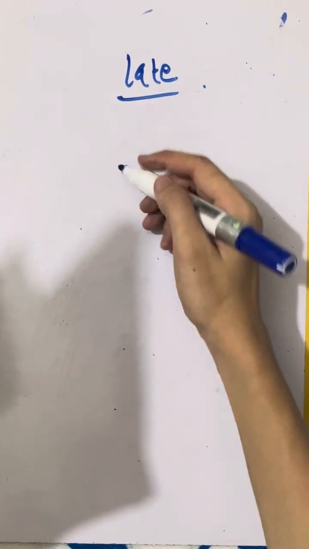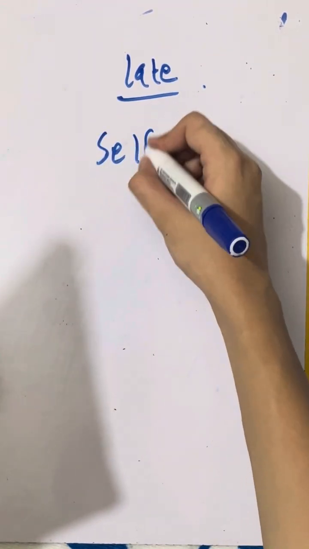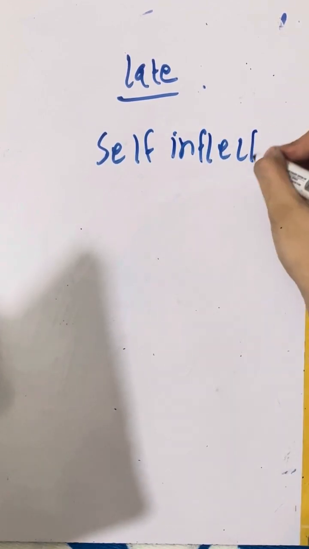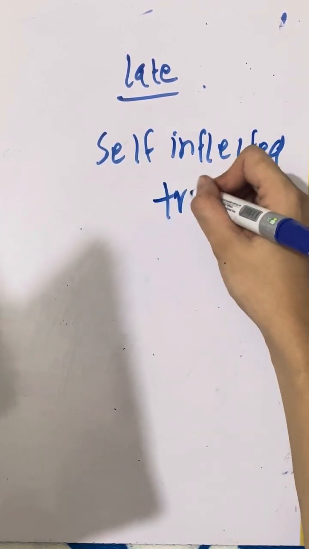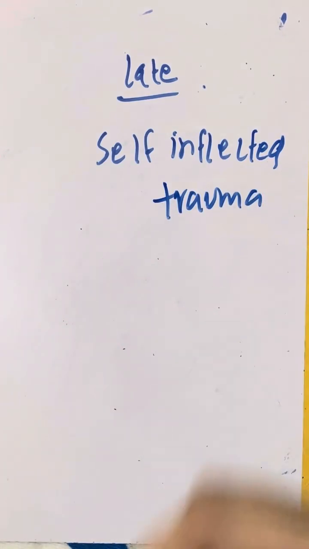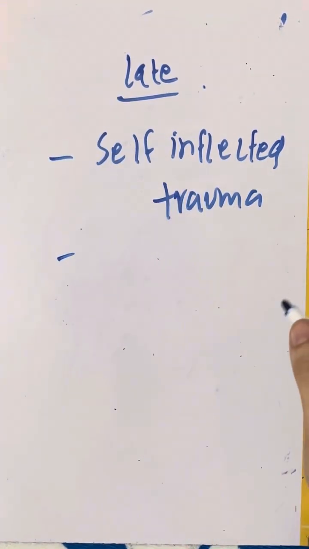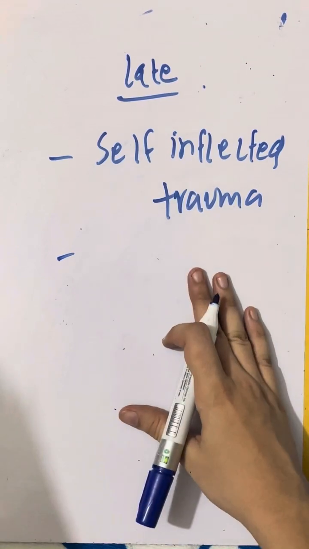Now come the late complications. What are the late complications? They are self-inflicted trauma, because your lip or tongue is already anesthetized and you cannot differentiate, and you bite yourself, and after the effect of local anesthesia ends, you realize that there is trauma to your lip or tongue.